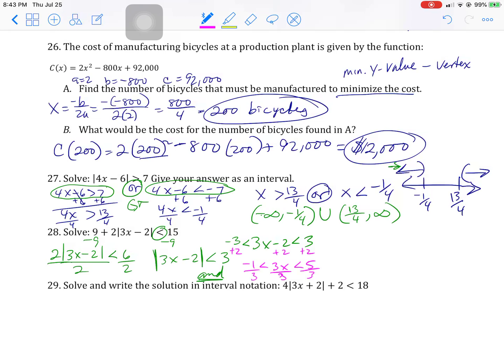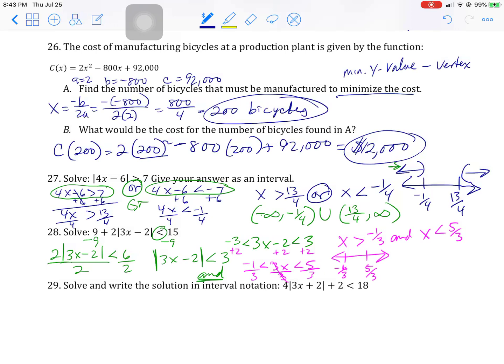All right, so this is going to be x is greater than negative 1/3 and x is less than 5/3. I need a visual on that. Let's see. Negative 1/3 would be down here. Positive 5/3 would be up here.